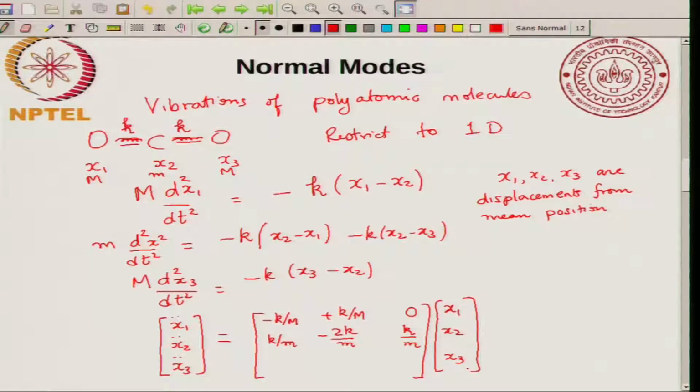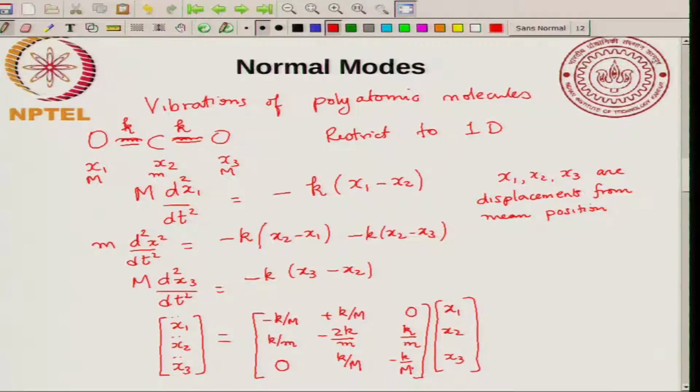So, all I have done is rearrange this and write it in matrix form, and then here I will have 0, plus k by m, and minus k by m.